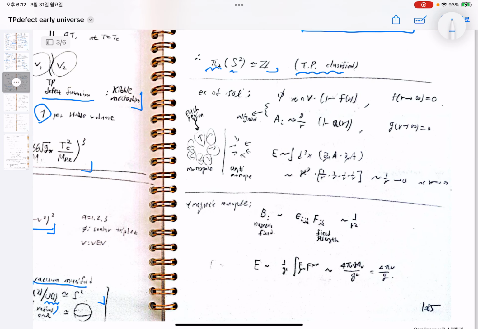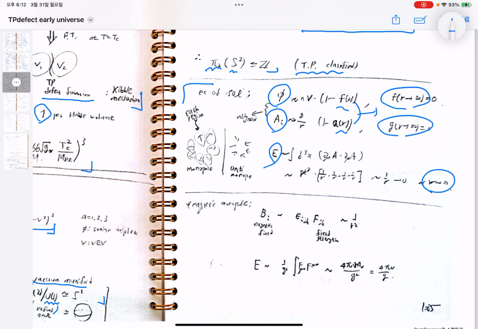And there is an example of the solutions with the scalar field and the gauge field: as R goes to infinity, some functions go to zero as asymptotic behavior, and the energy is proportional to 1 over R.